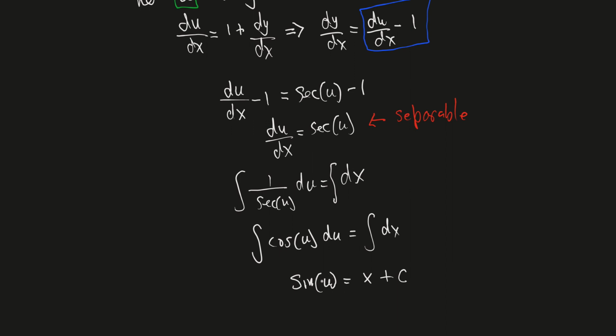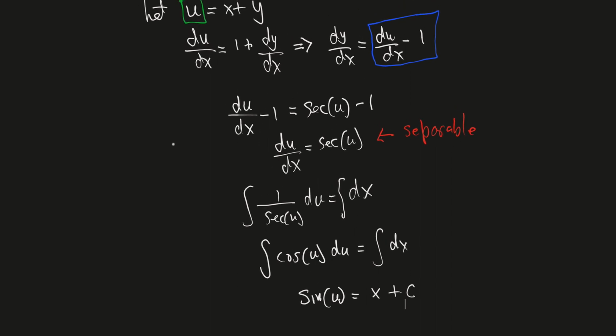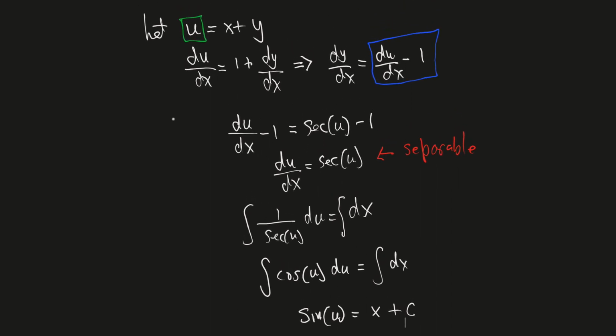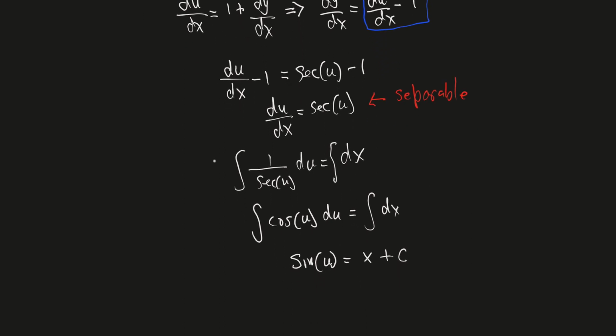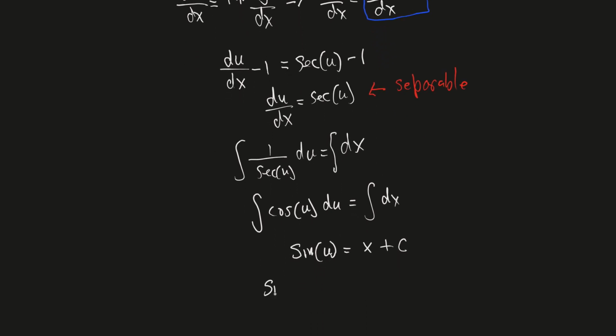But my goal was to solve for my original y. So remember what we said was our u equation? It's x plus y. So what I'm now going to do is revert back and replace this u with x plus y. Right, so I have this, so then the sine of x plus y is equal to x plus c.